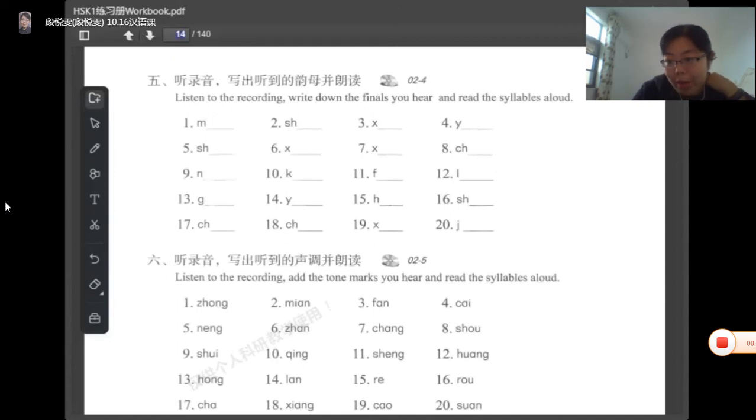Mark, you are right. 许. Next one. 行, very good. 春, Shahid, you are so great. 春, very good. 娘.